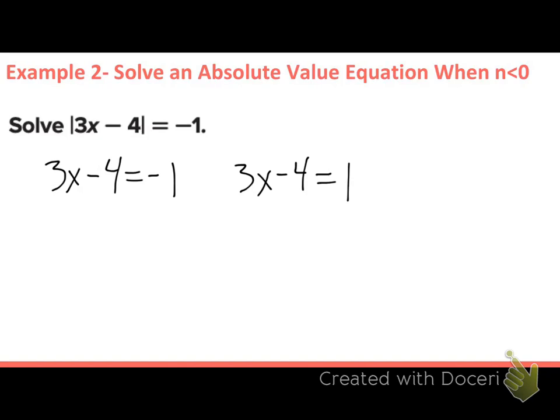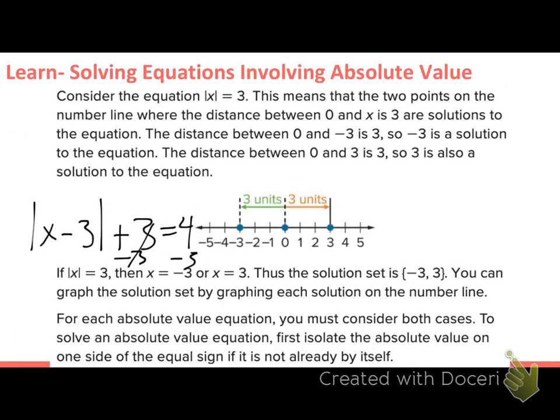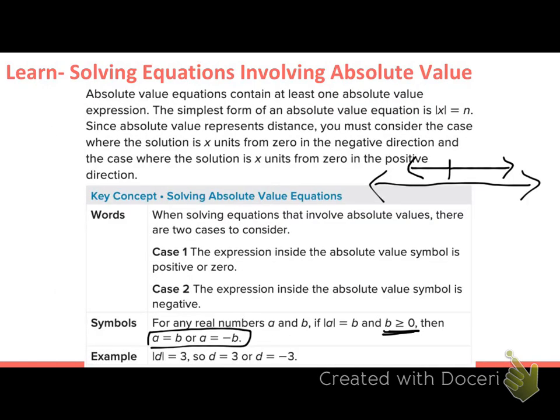Okay, does everyone agree with that? Yes. I disagree. Anyone know why I disagree? Okay, let's talk about it real quick. At the very beginning, for any real numbers a and b, if absolute value of a equals b, and b is greater than or equal to 0.